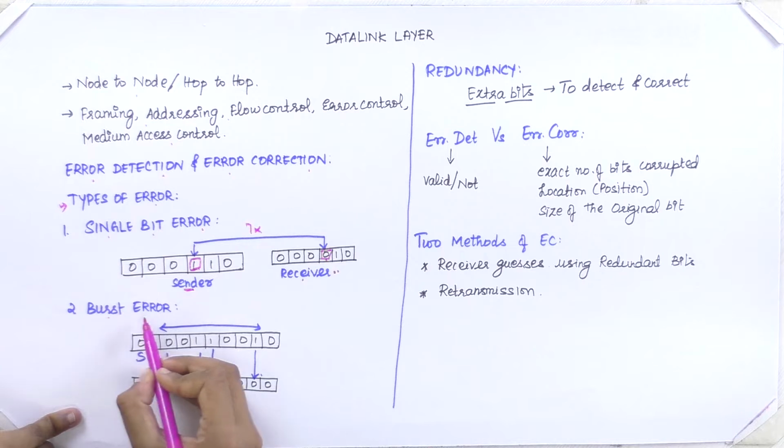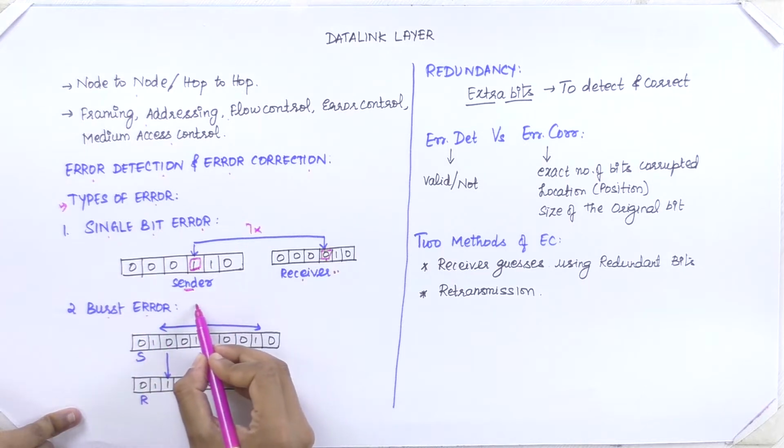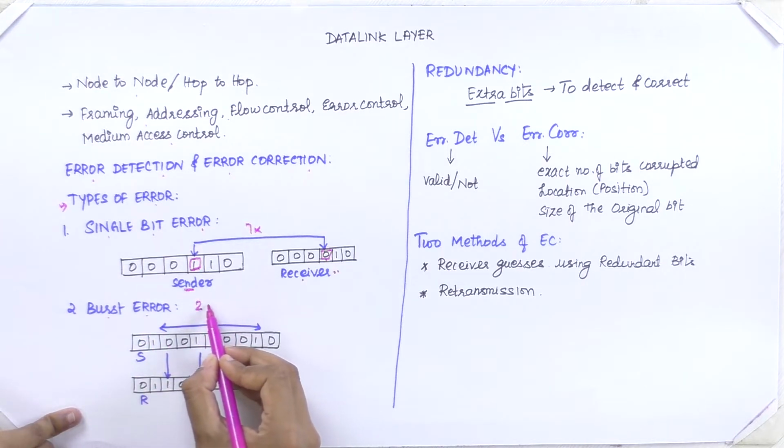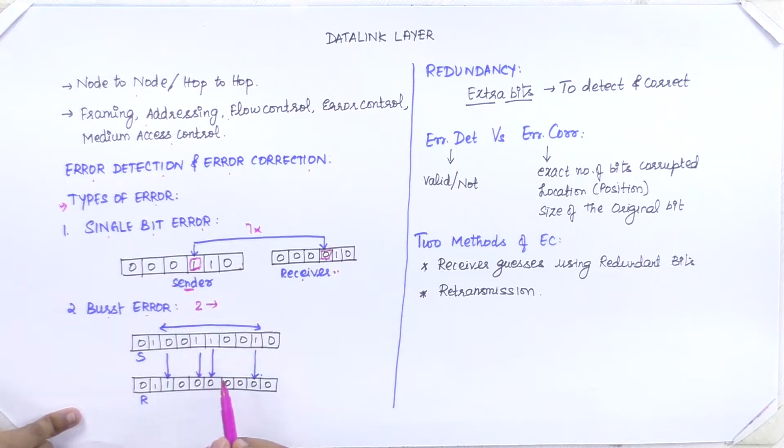Next, you have burst errors, which means a minimum of 2 errors and a maximum of however many it can be. This is my sender data and this is what the receiver has received. There is some flip in the data. These are the errors that have occurred on the receiver side, and these types are known as burst errors.